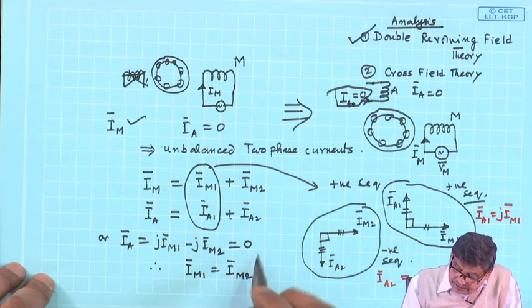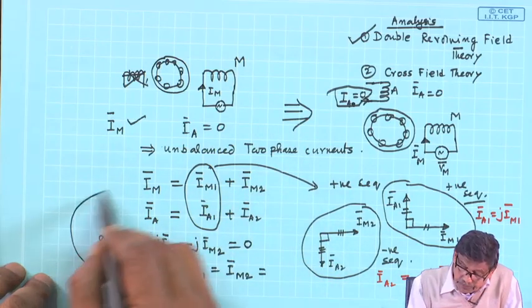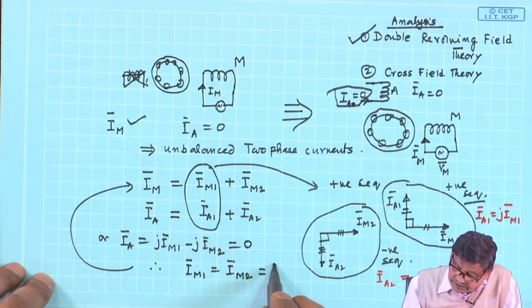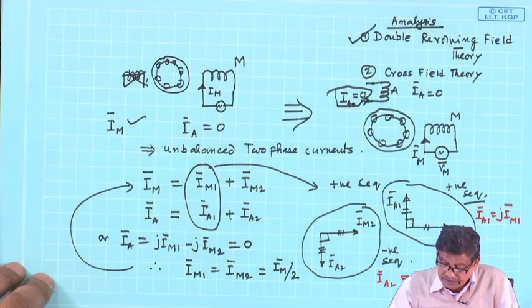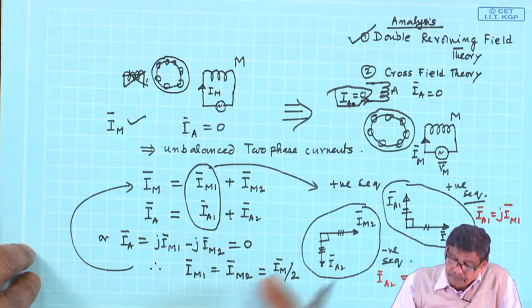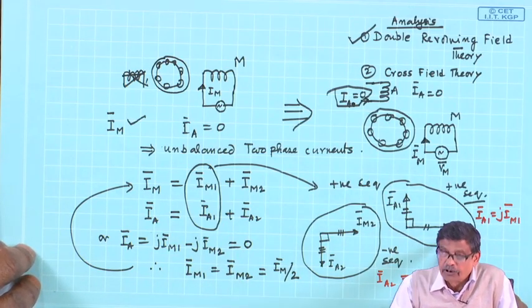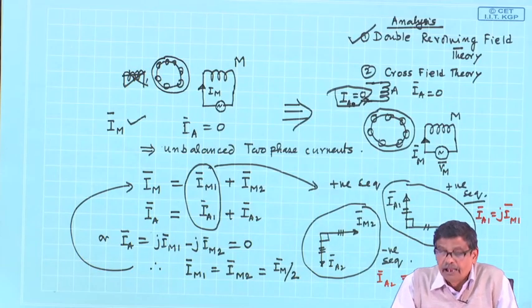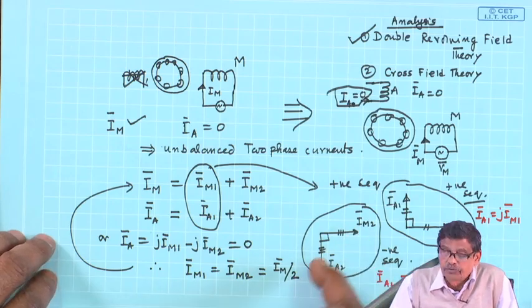And not only that, if you put it here in the first equation, this will be I m bar by 2. Therefore, I A1, I m1, these two currents form a balanced two phase current, and I m2, I A2 also form a balanced two phase current.